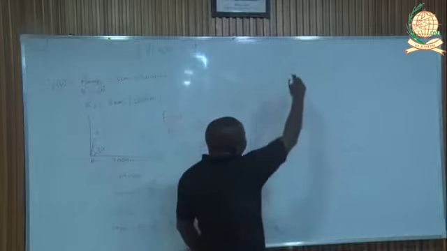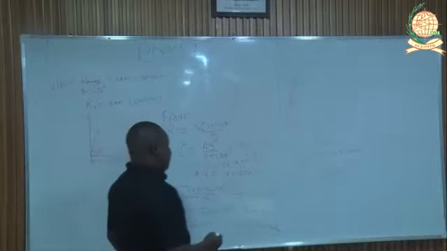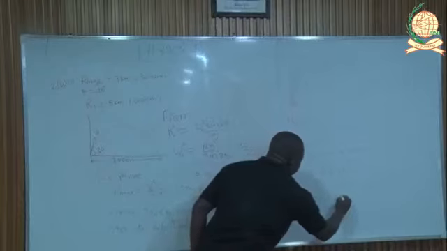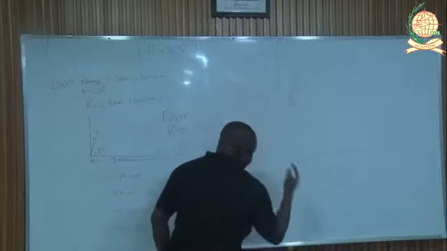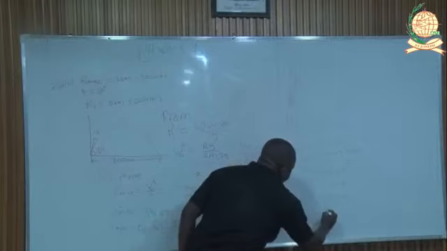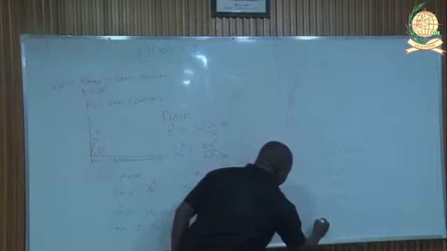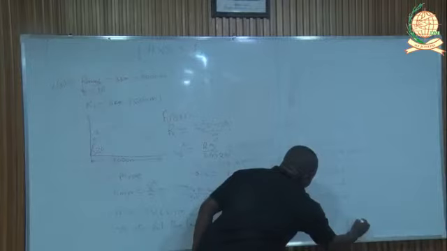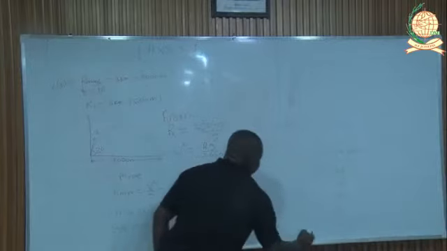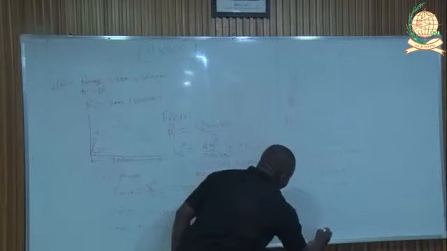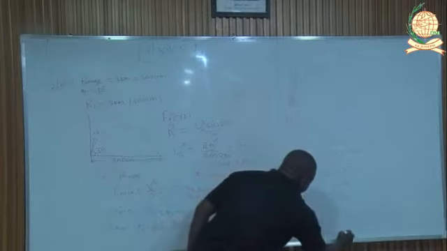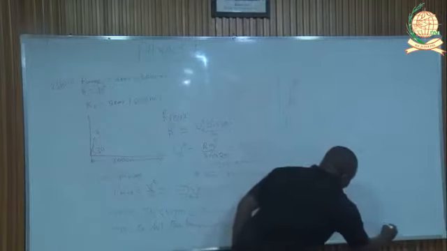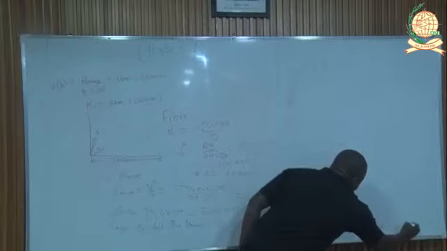But this V is given to be V0 over 2. Therefore, V0 over 2 equals V0 cosine of theta. V0 and V0 cancel out. Then a half is equal to cosine of theta. Then theta is equal to cosine inverse of a half, which is 60 degrees. Therefore, the angle of projection is 60 degrees to the horizontal.